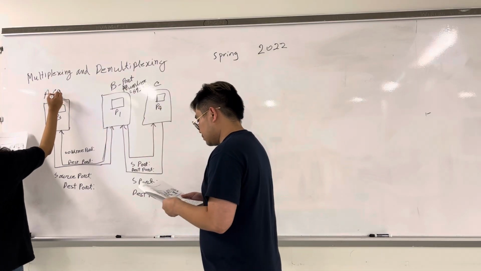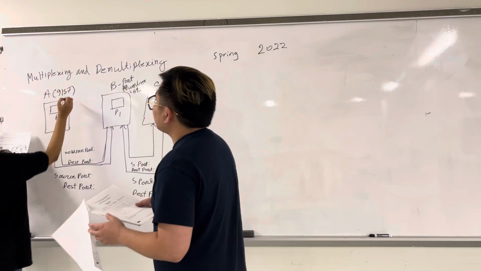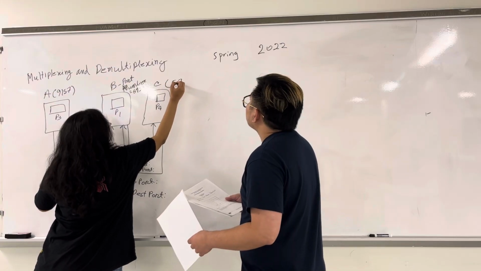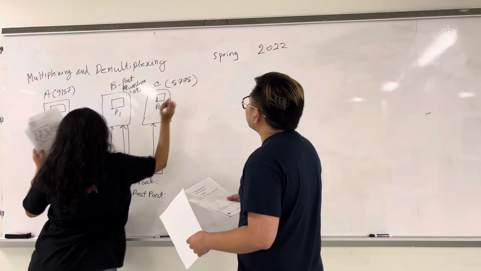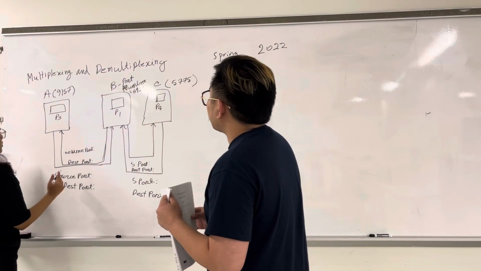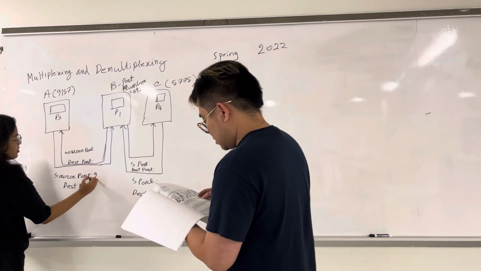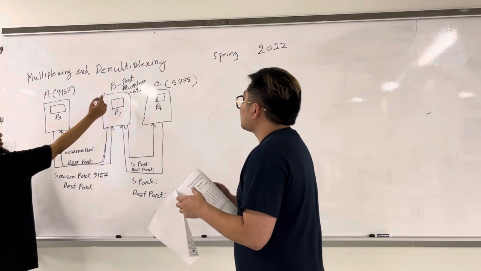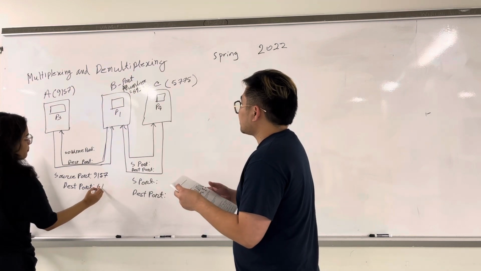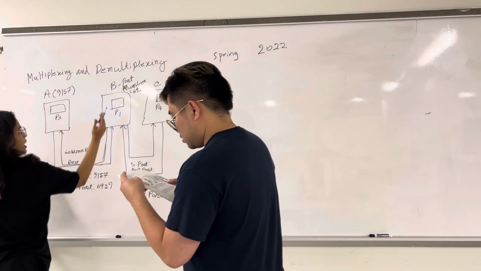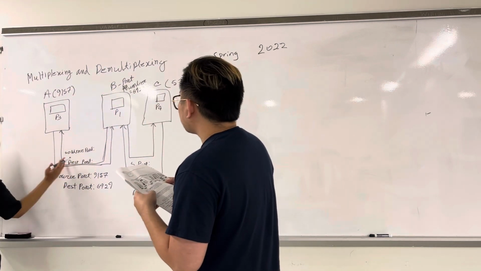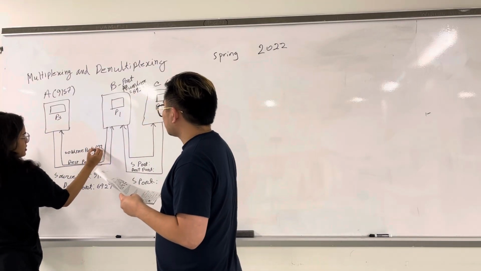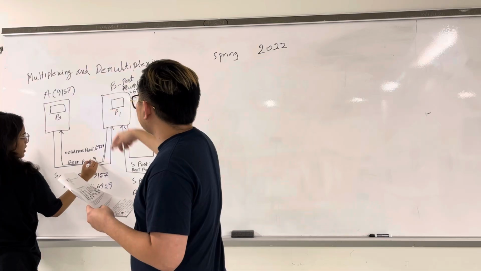So here this one has 9157, and C has 5775. When it is sending, the source will be 9157 and the destination will be 6428. When it is sending it back, the source will be 6428 and the destination will be 9157.